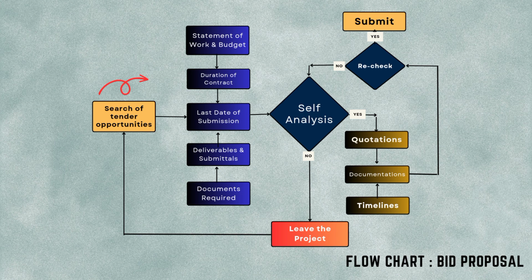Then we again recheck, and if any anomaly is observed at this stage, we again self-analyze, do the complete process and again recheck. And if we are satisfied with our proposal, we can submit it. So it's all about the procedure we adopt for our clients in the preparation of their bid proposals.